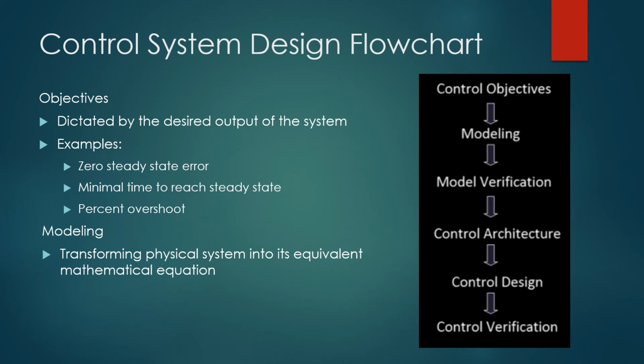We have said many times already that a control system is all about the output. And as such, any objectives should revolve around the desired output. Some examples of control system design objectives could include a zero steady state error.